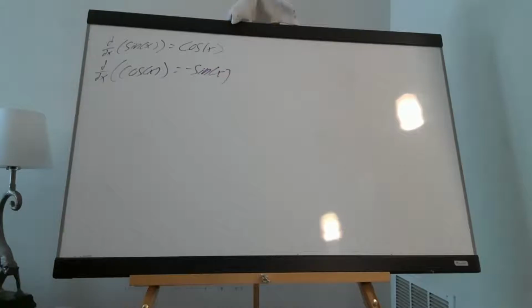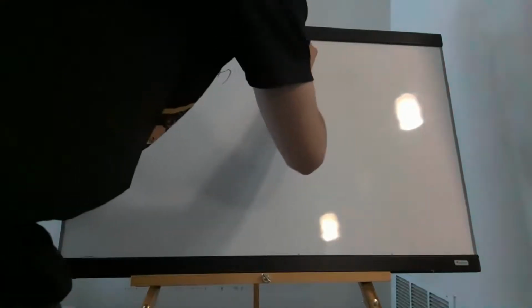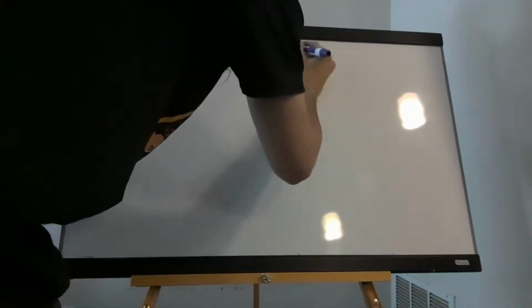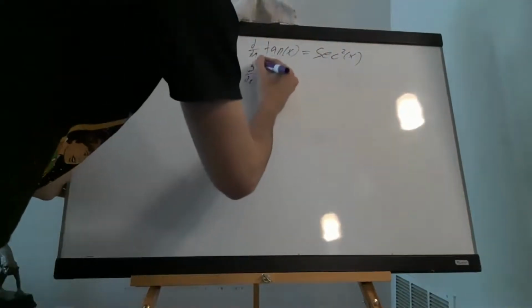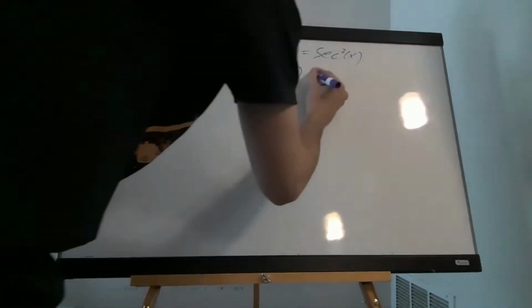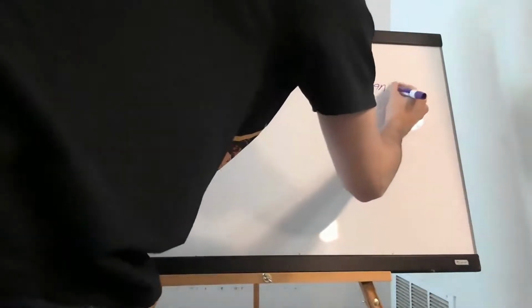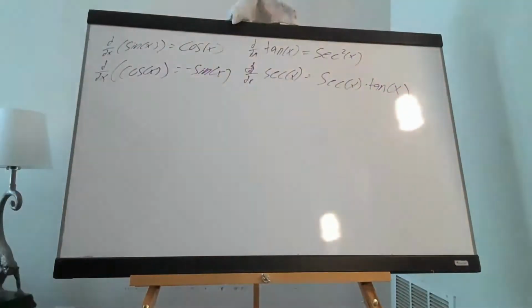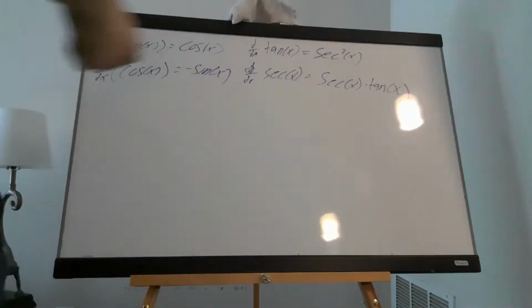The derivative of tangent of x is equal to secant squared of x. The derivative of secant of x is equal to secant of x times tangent of x. And these are probably the only ones you're going to run into.